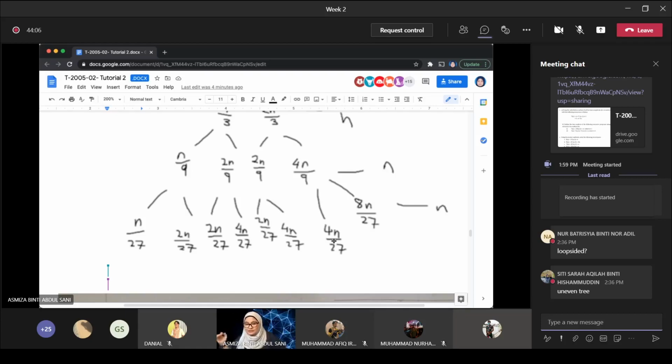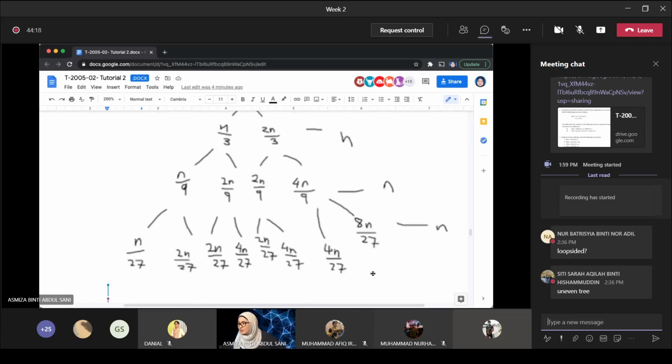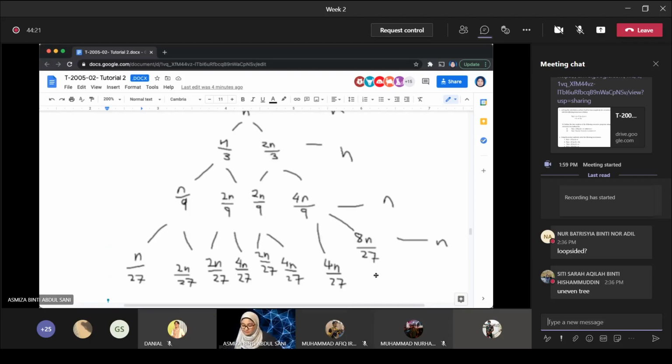So the height of the tree will be based on the longest branch in the tree. So let's see how n changes for each level. How does it change?